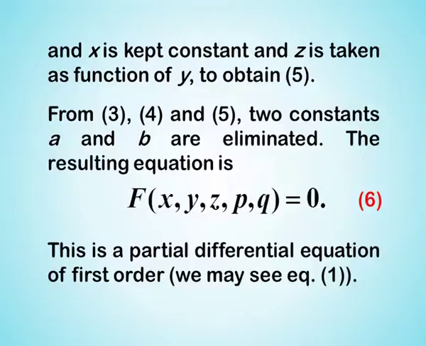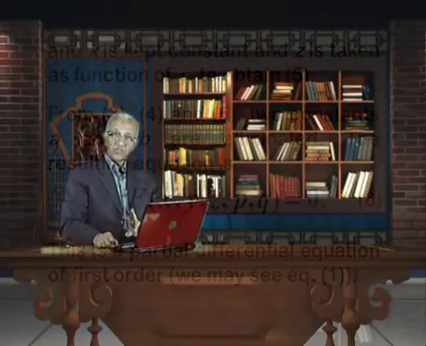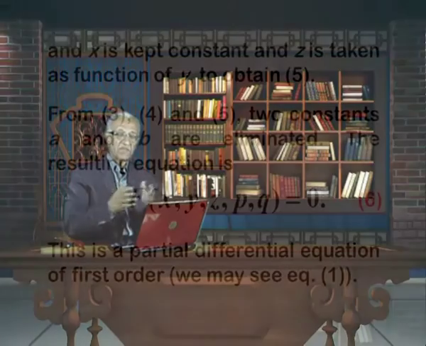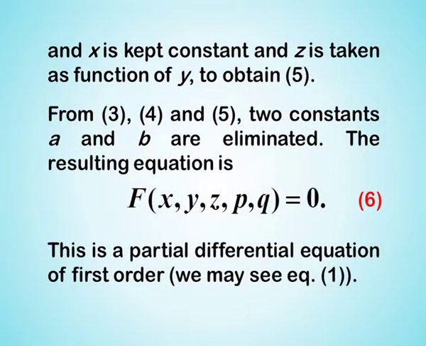So, 4 and 5 are obtained from equation 3 like this. From 3, 4 and 5, two constants a and b are eliminated. Two equations and two variables are to be eliminated. Those variables in this particular case are known as constants. So, we eliminated a and b by this sixth equation.